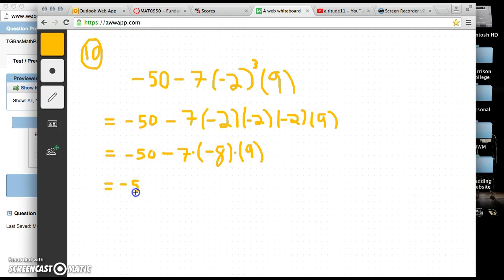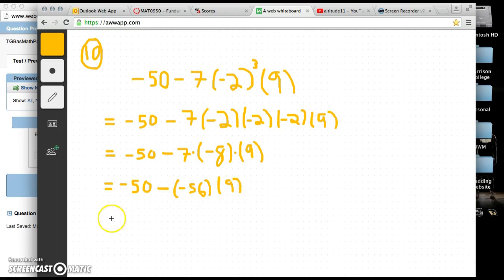So we have -50 minus, and now our multiplication starts. We have 7 times a -8. That is going to be a -56, excuse me. And then we still need to multiply that by 9.